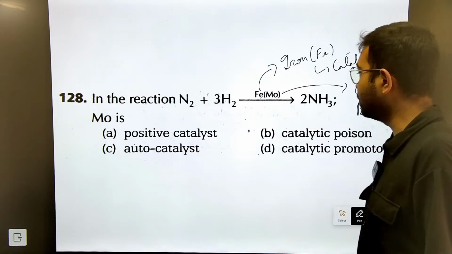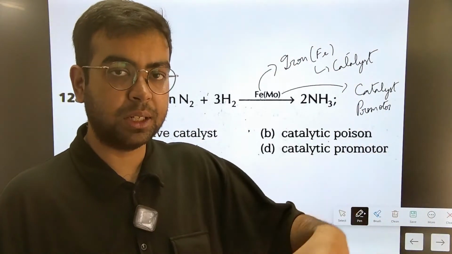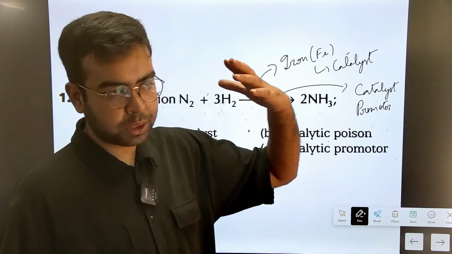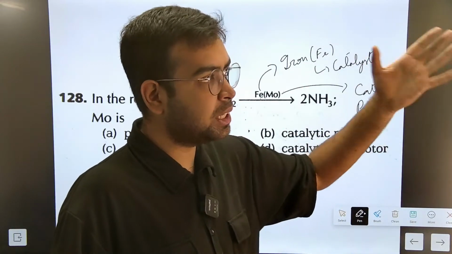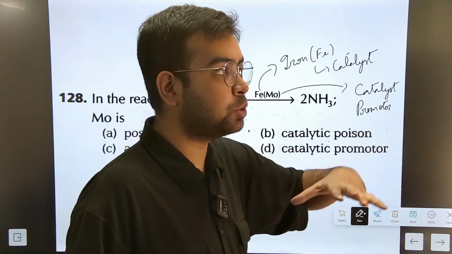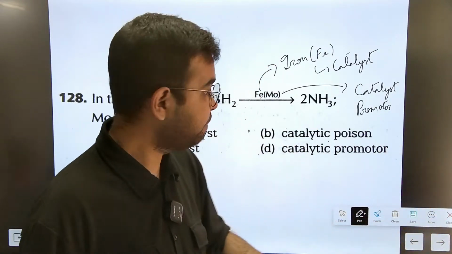What does a catalyst promoter mean? It means that it helps the catalyst to fasten up the reaction even further. मतलब आयरन तो उसका स्पीड 10 मिनट से कम करके मान लो 3 मिनट पे ले आया, बट 3 मिनट तक लाने के लिए आयरन को इस मोलिब्डेनम ने ही प्रमोट किया, इसको हेल्प किया to fasten up the reaction even further. ठीक है.